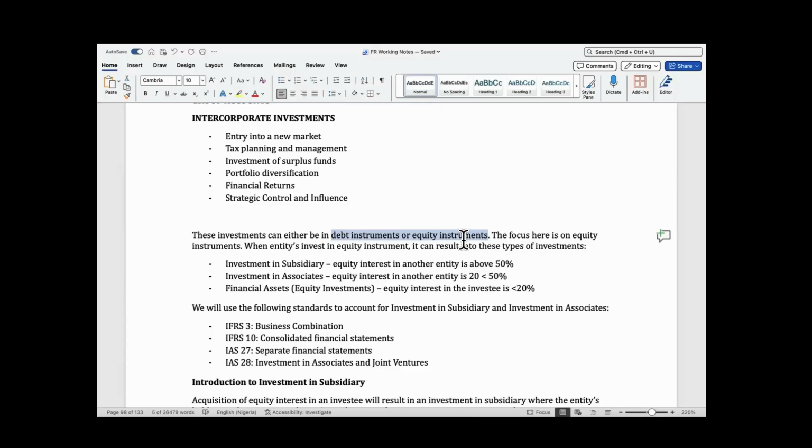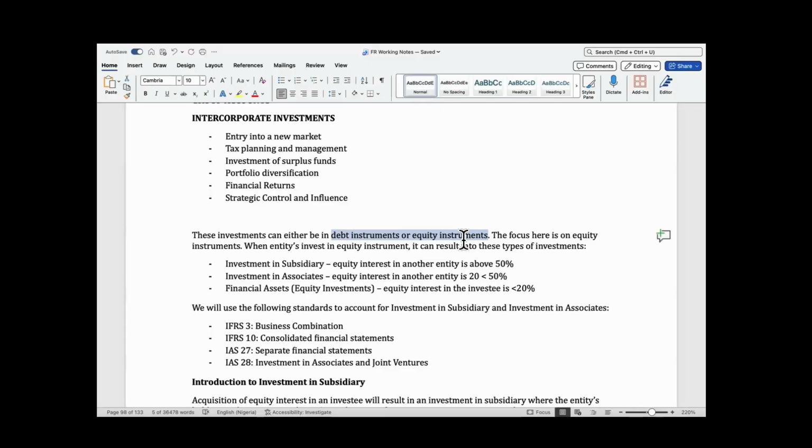When I'm done with group accounts, the very next thing I'm teaching is financial instruments, then leases and other ones. So debt instruments will not make you prepare group accounts. What would make the investor prepare group accounts at the end of the day is when he invests in the equity instrument of another entity. So that's the focus. I'm not talking about debt here at all.